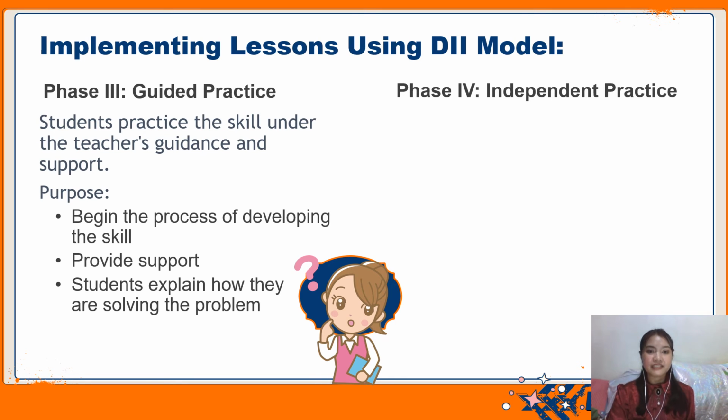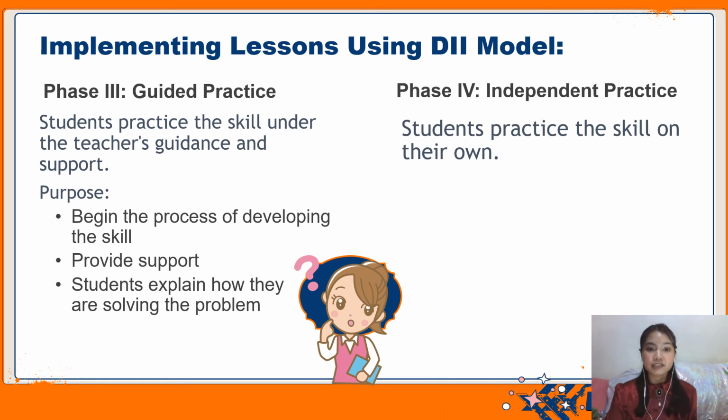The last phase is independent practice. This is the ultimate goal in the DII model. Students practice the skill on their own. This can occur in 2 stages: 1, students practice with your watch as teachers or as the coach of the students, and 2, students work on their own through homework.